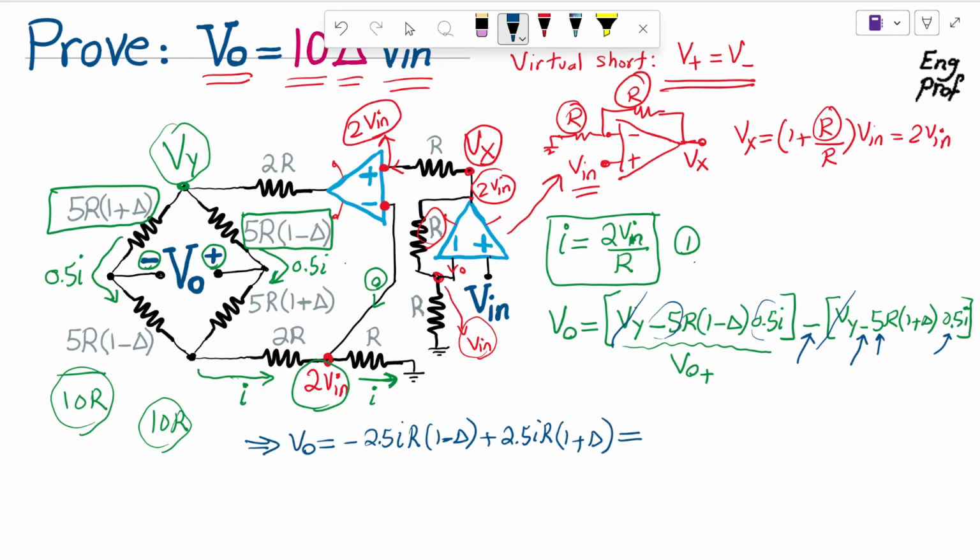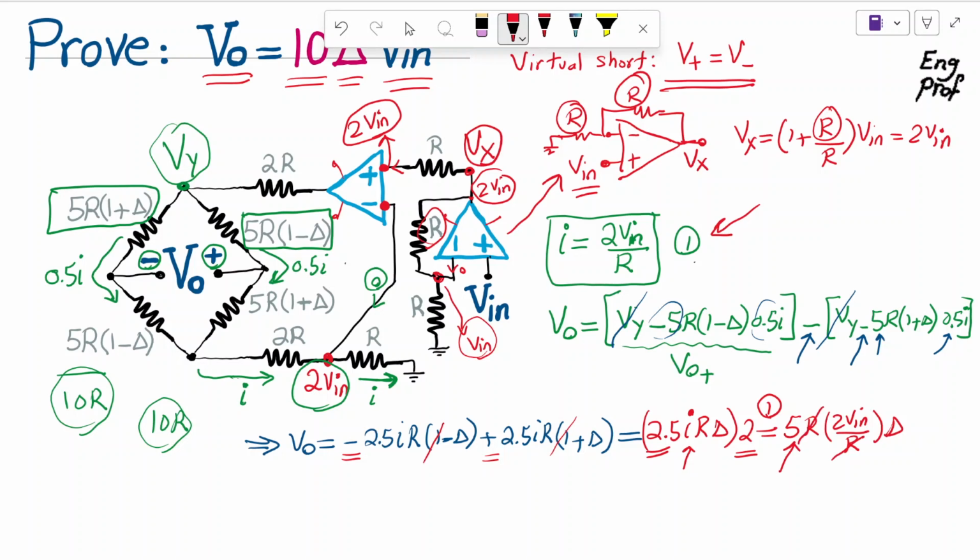If we simplify things, the nice thing is this 1 and this 1 cancel out each other because of the negative and positive. So what remains is simply 2.5 IR delta times 2. So this becomes as simple as 5R I delta, and I'm going to use equation 1 to substitute I with 2Vin divided by R. I already multiplied 2 with 2.5 and wrote 5.